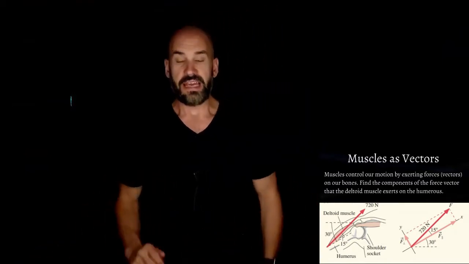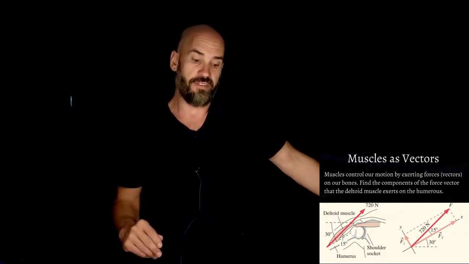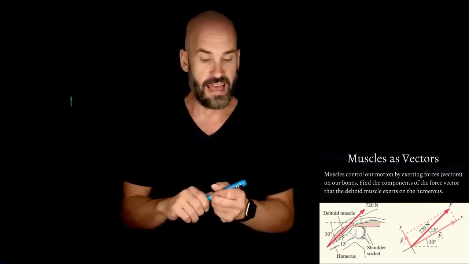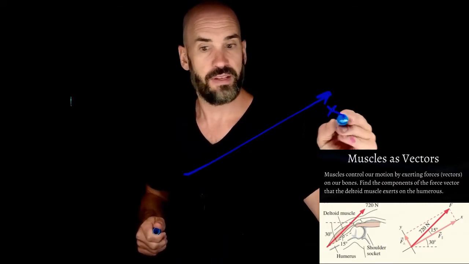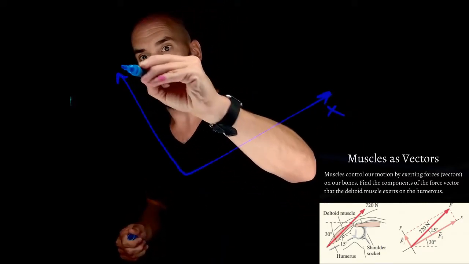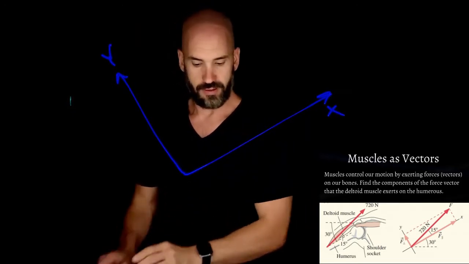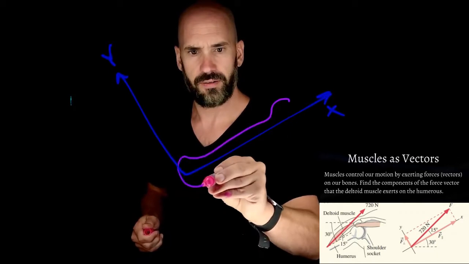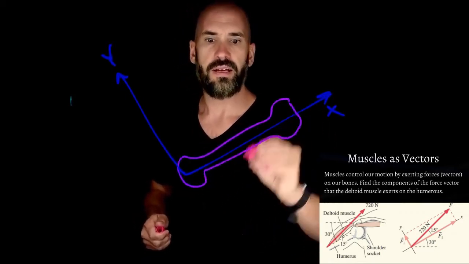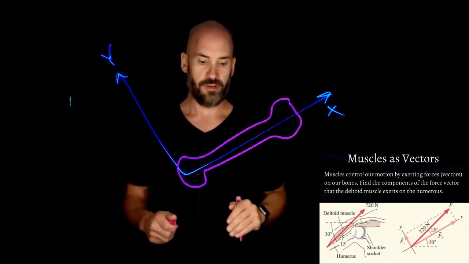In this case, the humerus bone is kind of here off at an angle, so they actually have the x-axis being like this, and the y-axis being like this. And I'll just try to draw the bone here, it is in line with this x-axis right here.